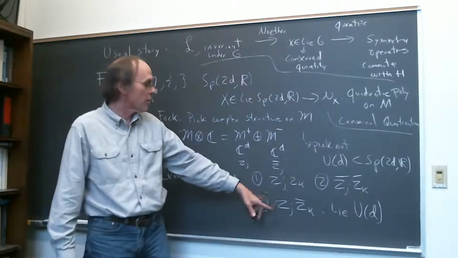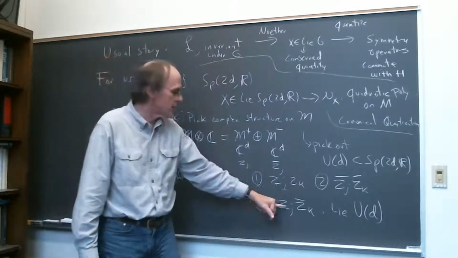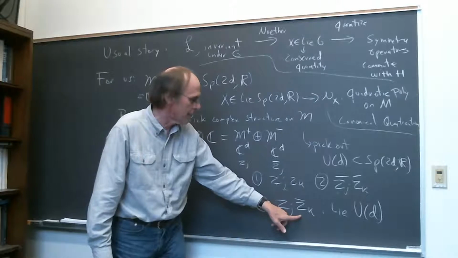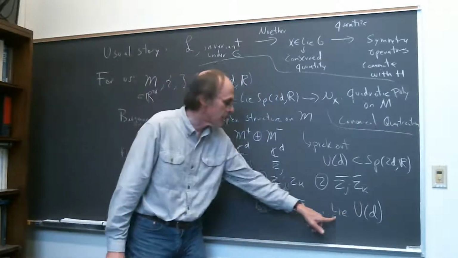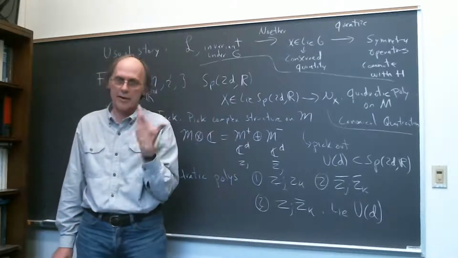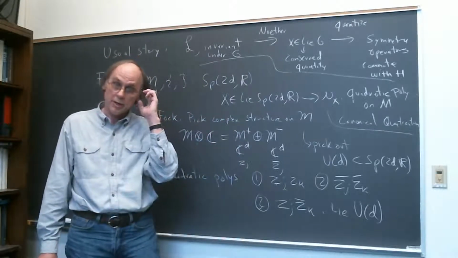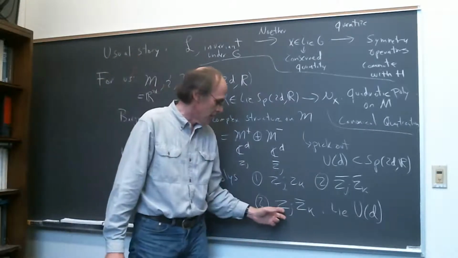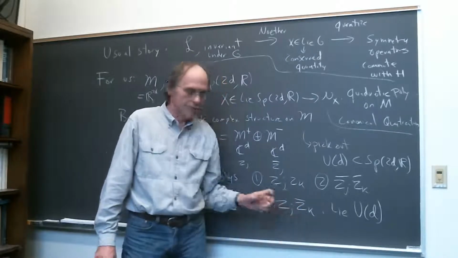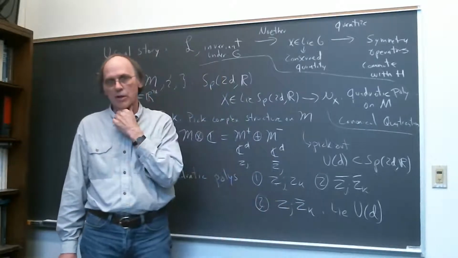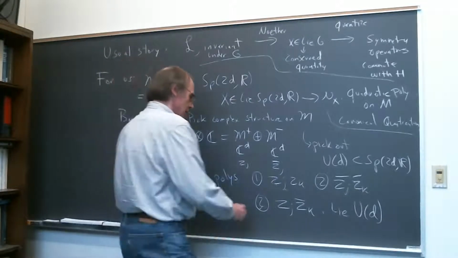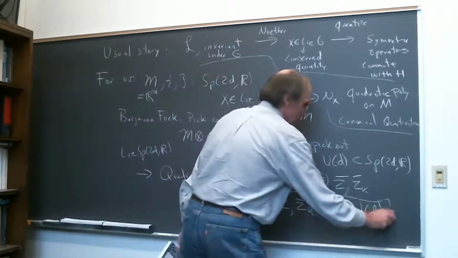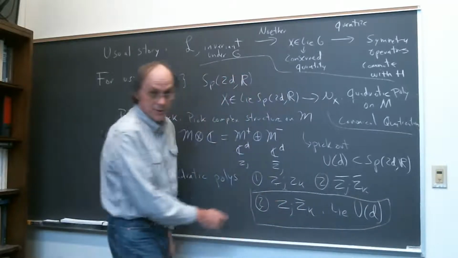And when we go to quantum field theory, it's typically these operators that we're going to be interested in. The symmetries of the theory that we're interested in are generally going to conserve particle number. Okay, so what we're interested in is generalizing these guys.